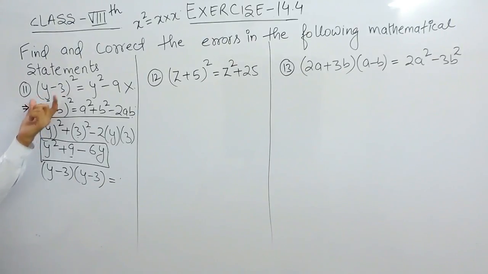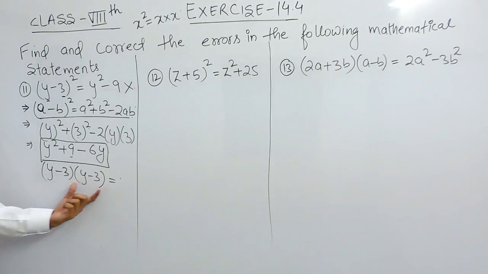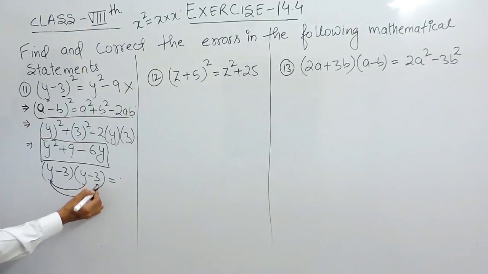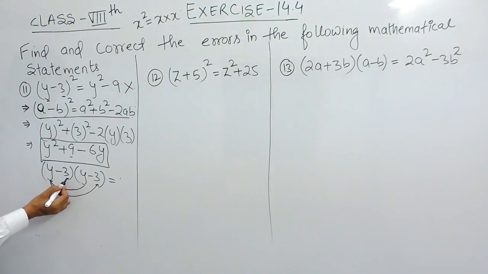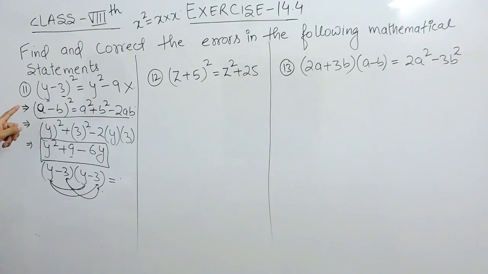When you solve this, these are two terms and these are two terms, so you have to multiply this term with both the terms, and this one again with both the terms, and in that case this formula is generated. Either you can multiply it this way, or you can use the simple formula directly. You will get your answer.